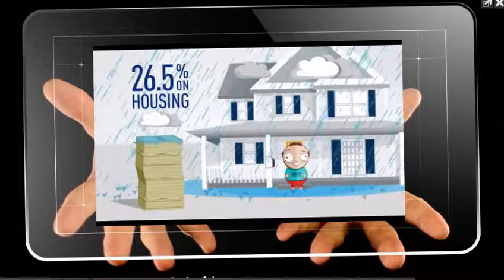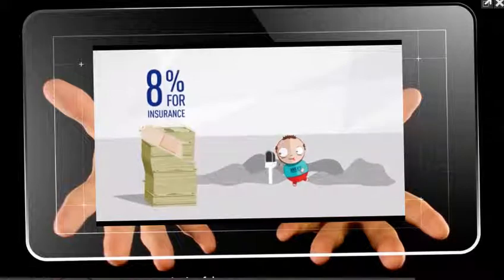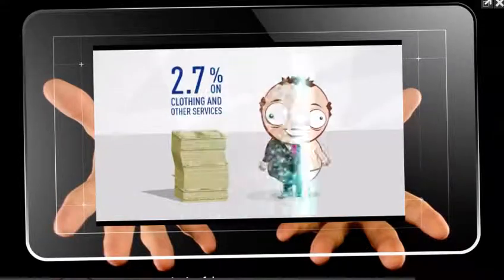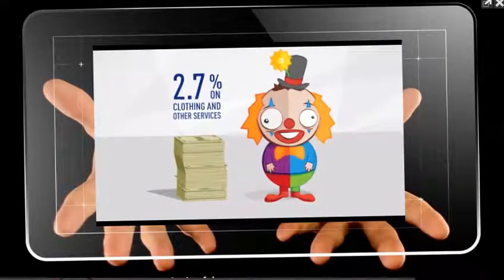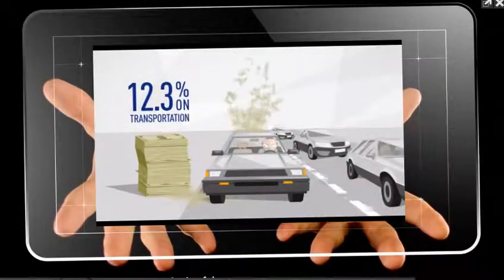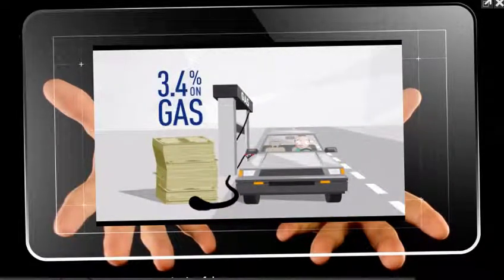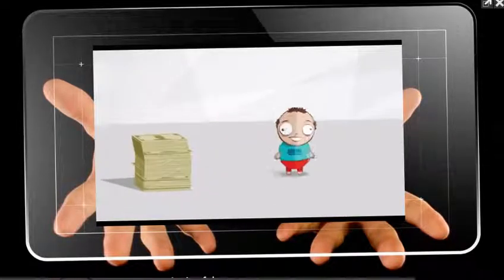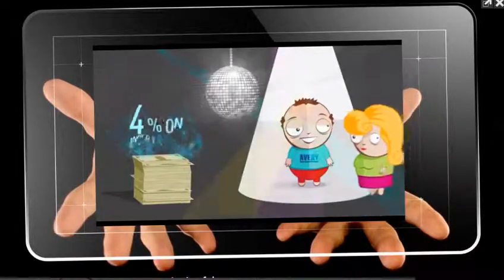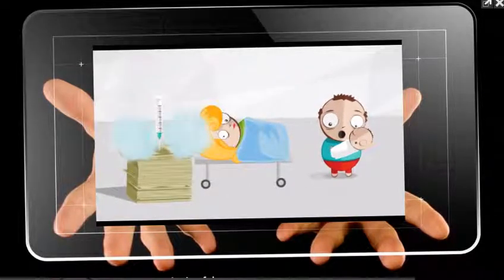26.5% is walled up in housing. 8% goes toward insurance. 2.7% gets dressed up in clothing and other services. 12.3% speeds away for transportation. 3.4% is guzzled up by gas. 9.8% gets chomped away for food. 4% is dazzled away by entertainment. 5% is injected into healthcare.